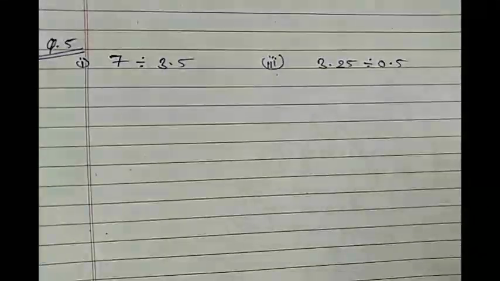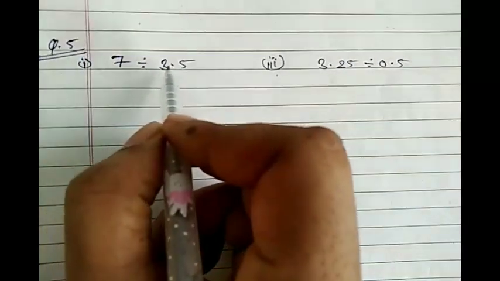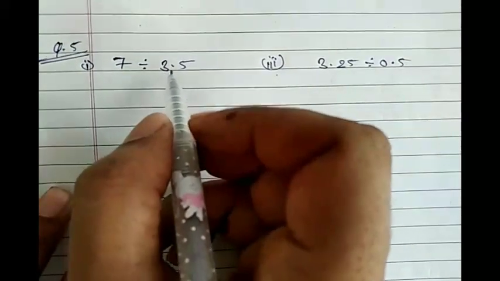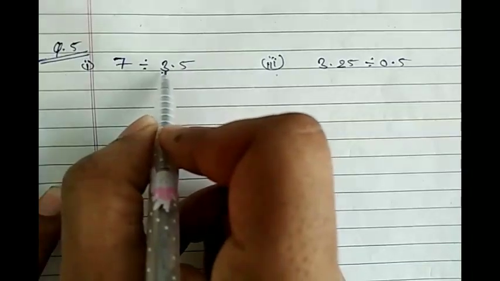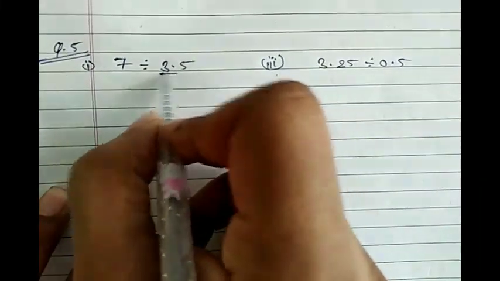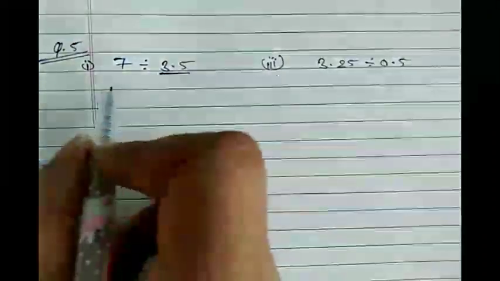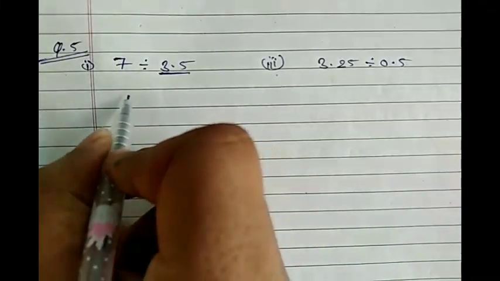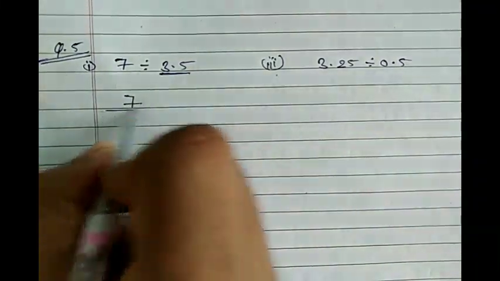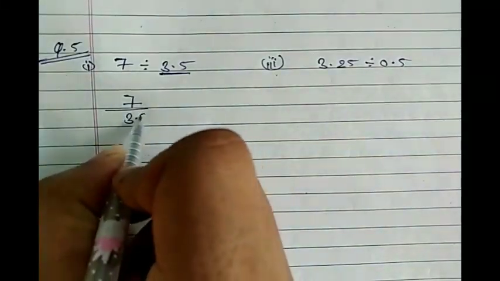Let's start our question number 5, sum 1. 7 divided by 3.5. When we divide 7 by 3.5, the divisor is a decimal number. So it is not possible to directly divide 7 by 3.5. We write here 7 upon 3.5 in fraction form.